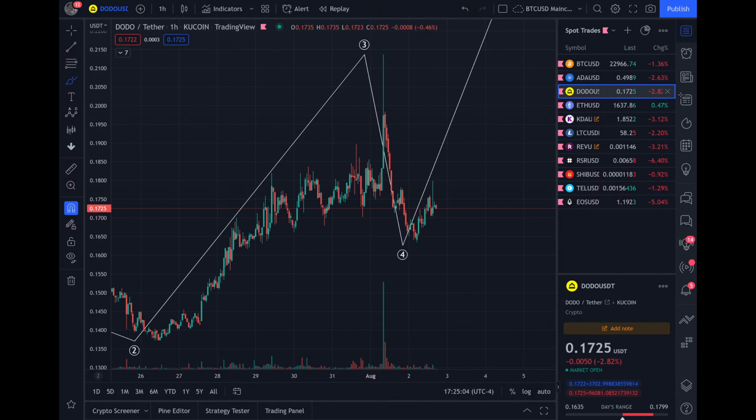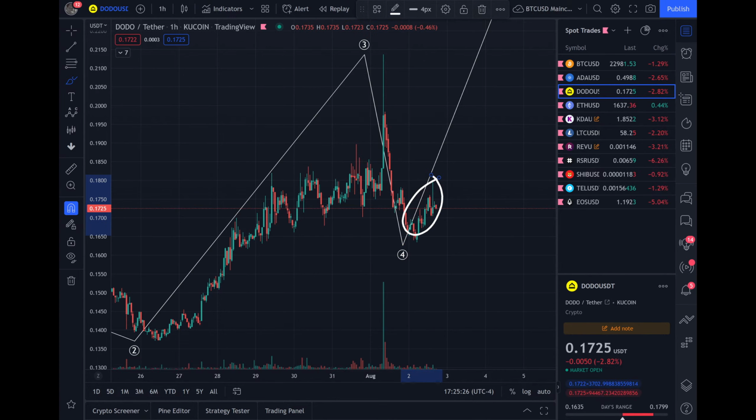In Dodo, I think you're also getting a zigzag. I would say this is a 3-wave move. You got some sort of correction down here, okay? It's unlikely that this is impulsive because it's just so short, it's so concerted.